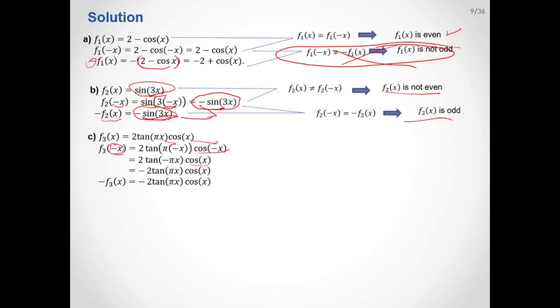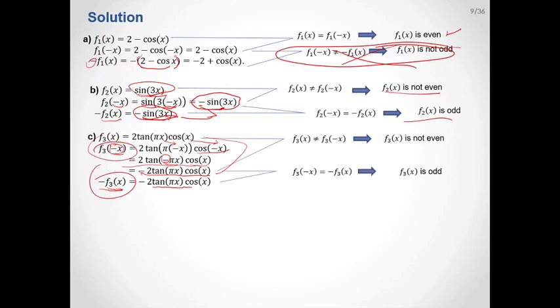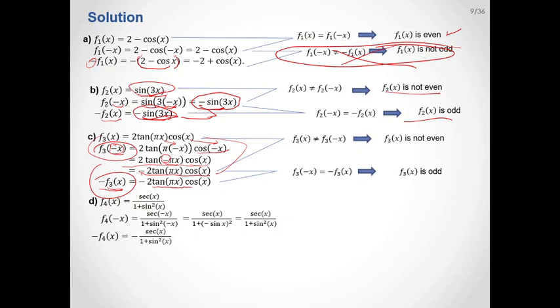But tangent of minus pi x, tangent is an odd function, so you will take this negative out. So you have this one. When you look at these two, they're not the same. But when you look at negative f of x, you get minus 2 tangent pi x times cosine x. As you see, these two are the same.